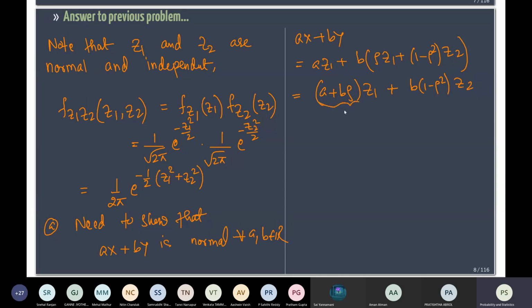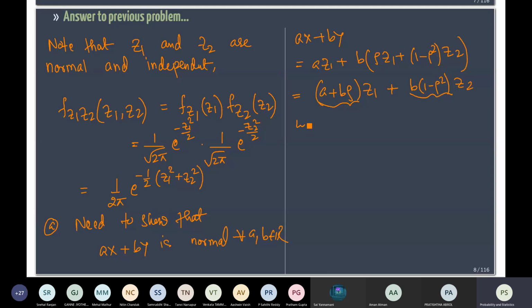So this is a constant and this is a constant. So this is a linear combination of two standard normals, and a linear combination of two standard normals is normal. That's a fact we can prove easily.